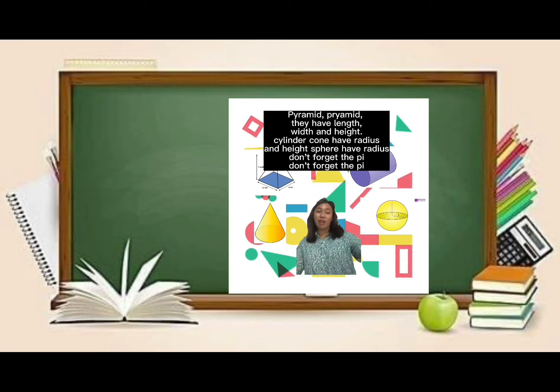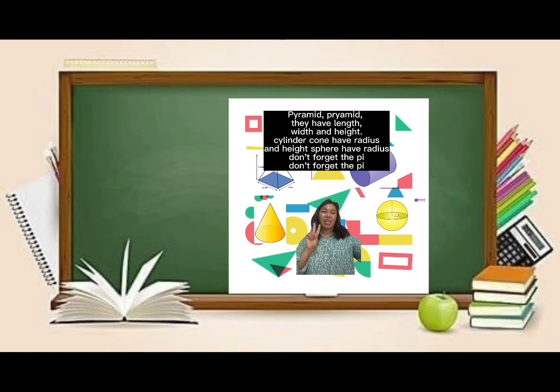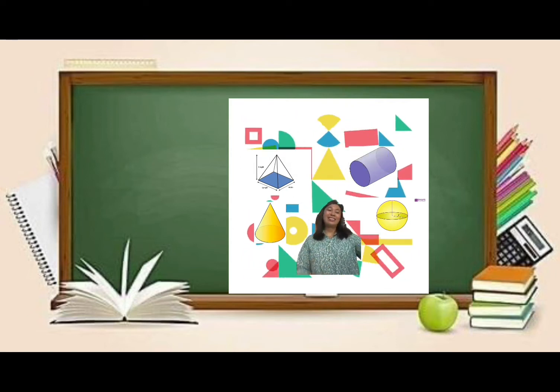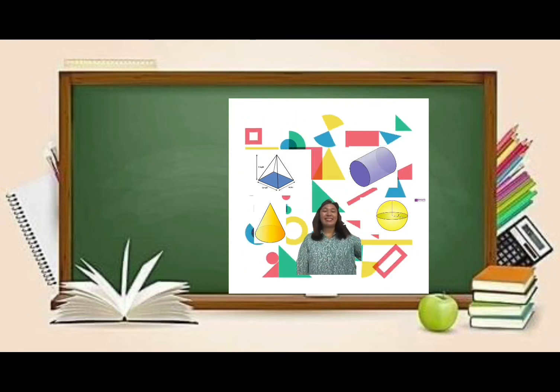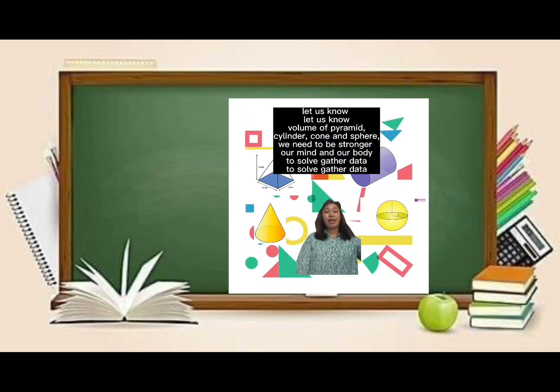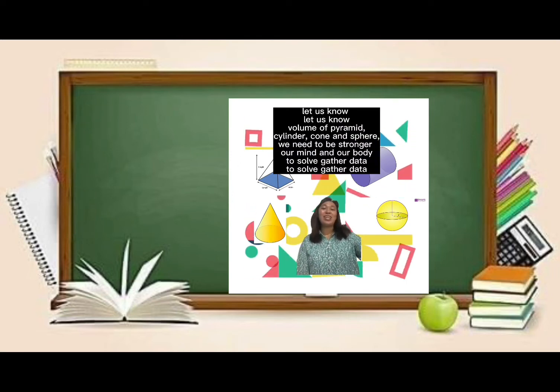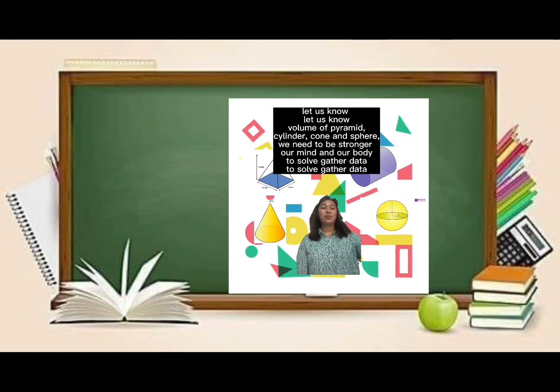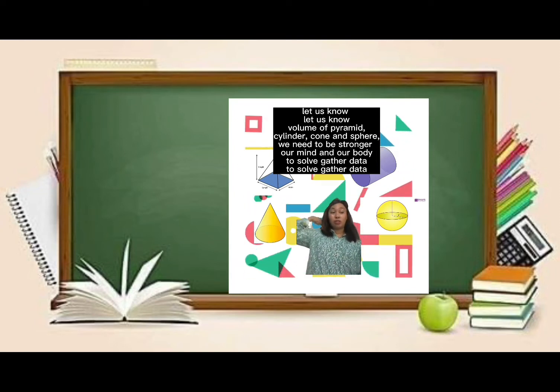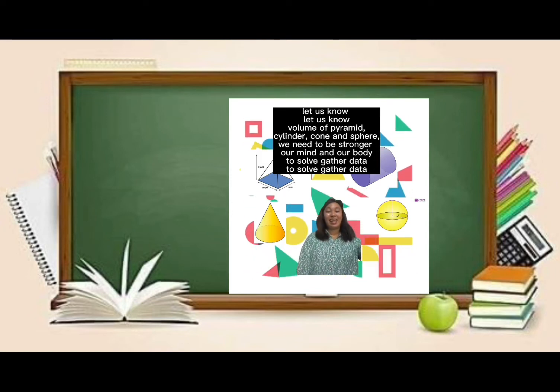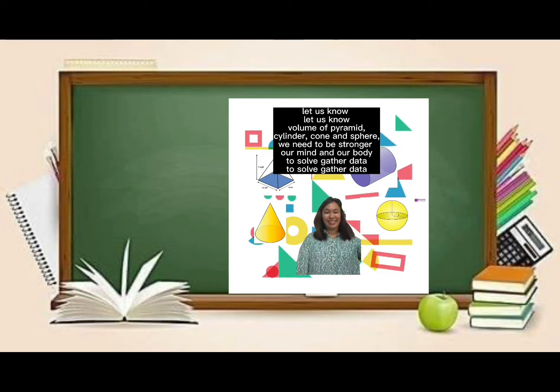Cylinder, cone have radius and height, sphere have radius. Don't forget the pi, don't forget the pi. Let us know the volume of pyramid, cylinder, cone and sphere. We need to be stronger, our mind and our body, to solve, gather data, to solve, gather data.